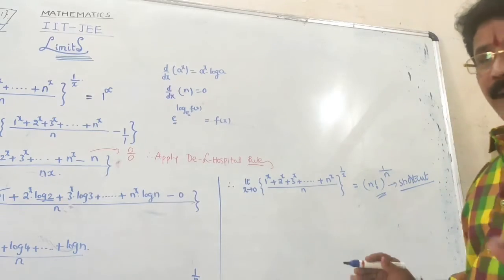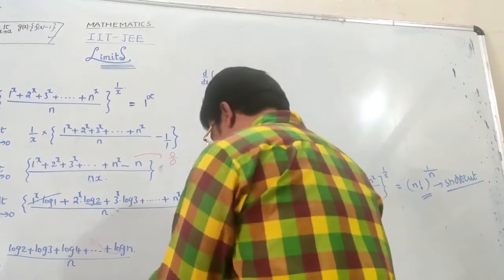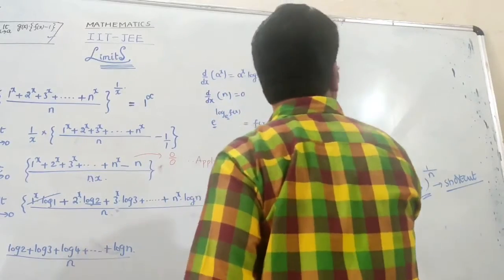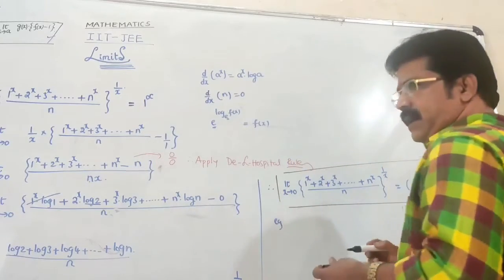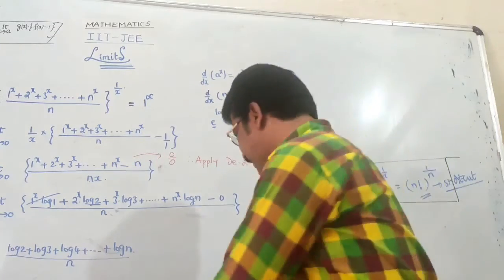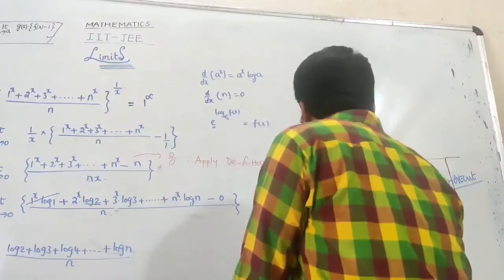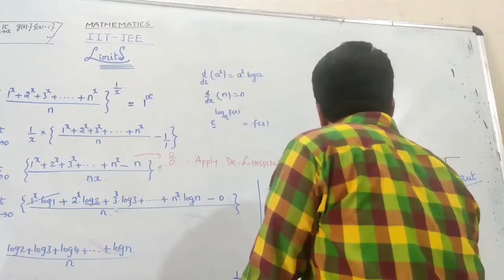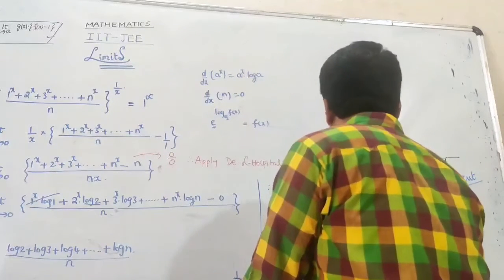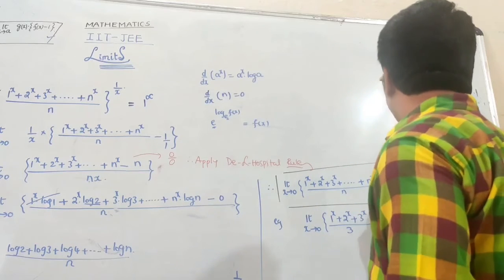Understand? Right. For example, another example. Of course it is the shortcut. Now I said the proof of the shortcut to know the subject. So example, limit x tends to 0, 1 to the power of x plus 2 power x plus 3 power x divided by 3, I am taking n value 3.